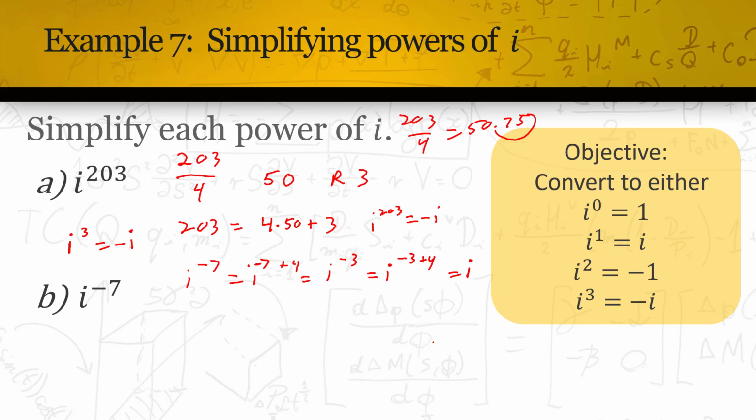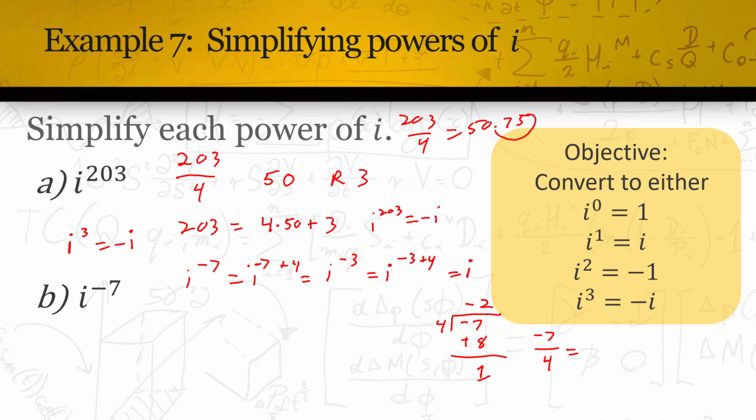Another way to do this is you can divide negative 7 by 4 and find your positive remainder. Here's negative 7, here is 4. If I do 4 times negative 2, I will get negative 8. Then when I change the sign and add, I will have a remainder of 1. The other thing you can do is in your calculator, you can do negative 7 divided by 4.